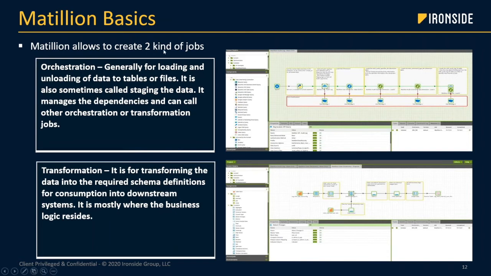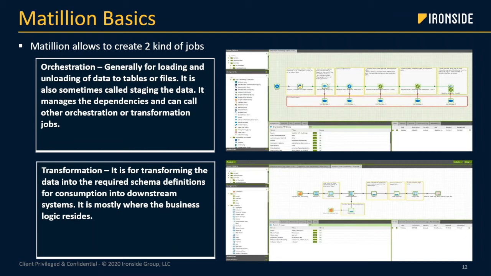And Matillion basically allows you to create two kinds of jobs. One is the orchestration, which is on the top half of your screen, and a transformation job, which is on the lower half of the screen. So Matillion orchestration is generally for loading and unloading the data into tables or databases. It's sometimes called the staging area.